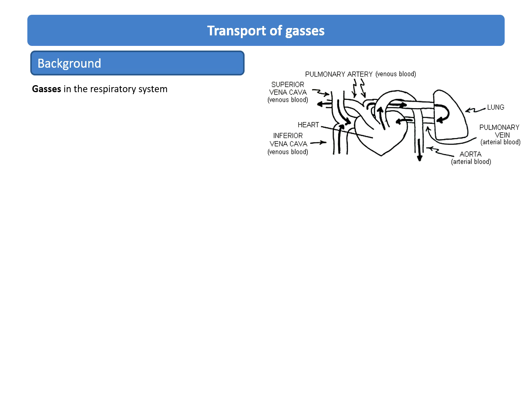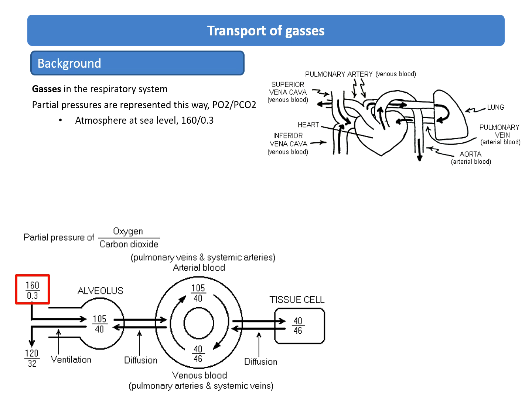The gases in the respiratory system will be represented with a fraction, the PO2 over the PCO2. Atmosphere at sea level, the oxygen concentration is 160, and the carbon dioxide concentration is 0.3. We've mentioned this.